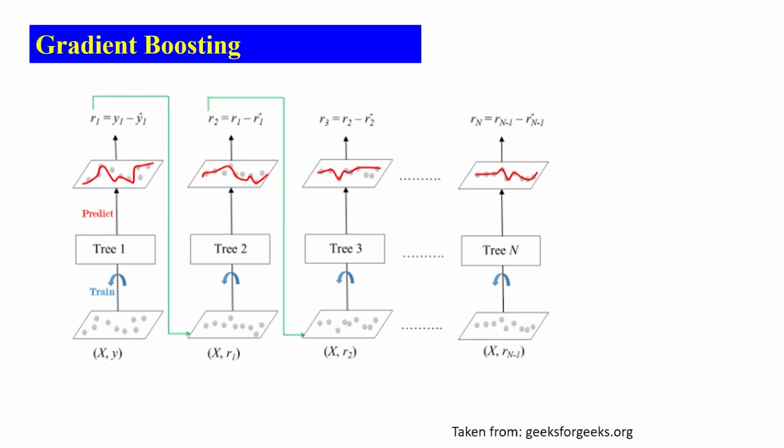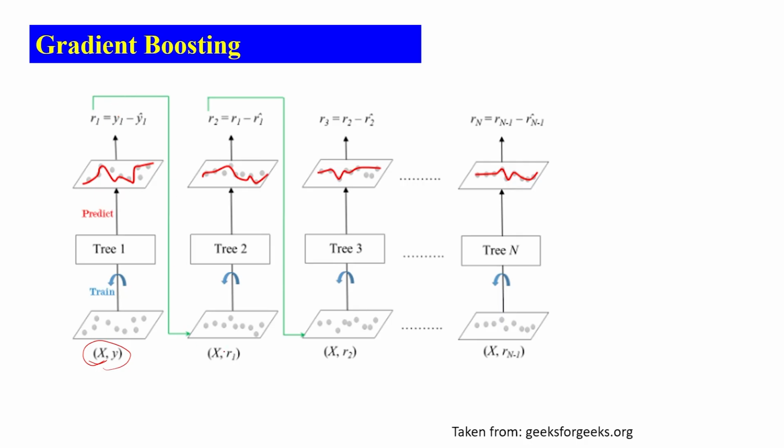This is shown here. I am showing you n trees, T1, T2, T3, up to Tn. You can clearly see this is your data, and T1 calculates the error also. This is your predicted data, this is your original data, and the error. Finally, you get a new training set. First, let us take the training data, put it on a tree, and make predictions. For the prediction, you calculate the error R1.